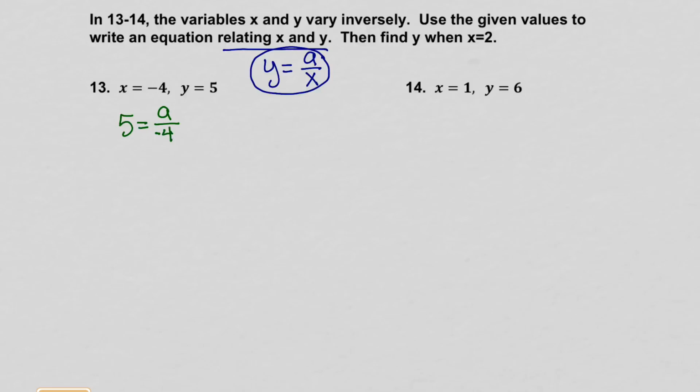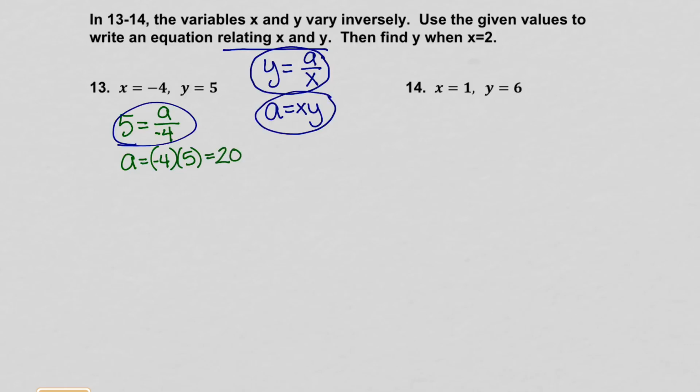And then I need to solve for a. So you could have also remembered over here that a is x times y and not done it in this format. You could have done it as a is going to equal negative 4 times 5. No matter what, you're going to get that a is 20. I just wanted to show you both ways.